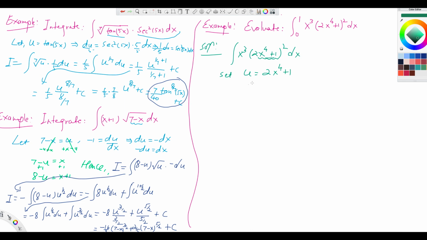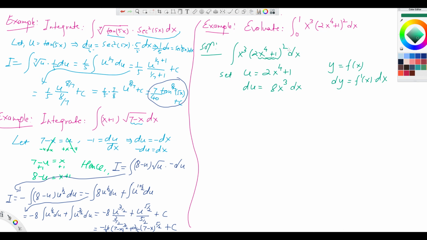So what will be du then? This implies du will be, what is the derivative of that? 8x cubed and then dx, right? Because that will be du over dx, and then I multiply by dx. You can think of it that way, basically if y equals f of x, then dy will be f prime of x times dx. That's what I'm doing here.